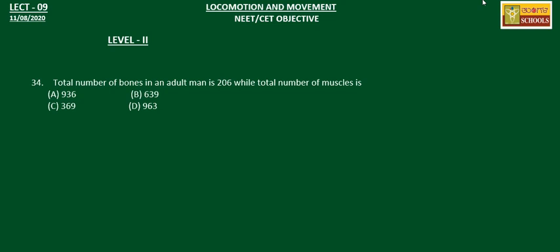The next question, the total number of bones in an adult man is 206, while they're asking the total number of muscles.